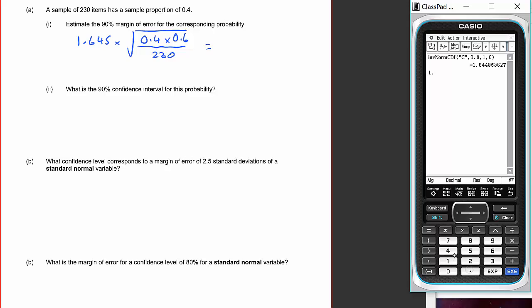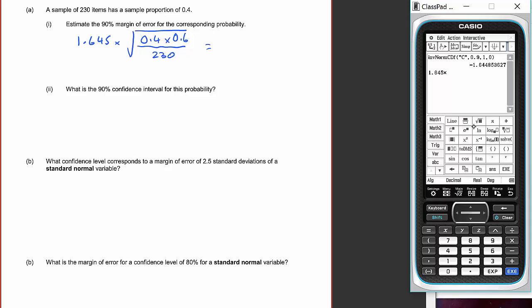So 1.645 multiplied by the square root of 0.6 times 0.4 divided by 230, and that gives us 0.0531.